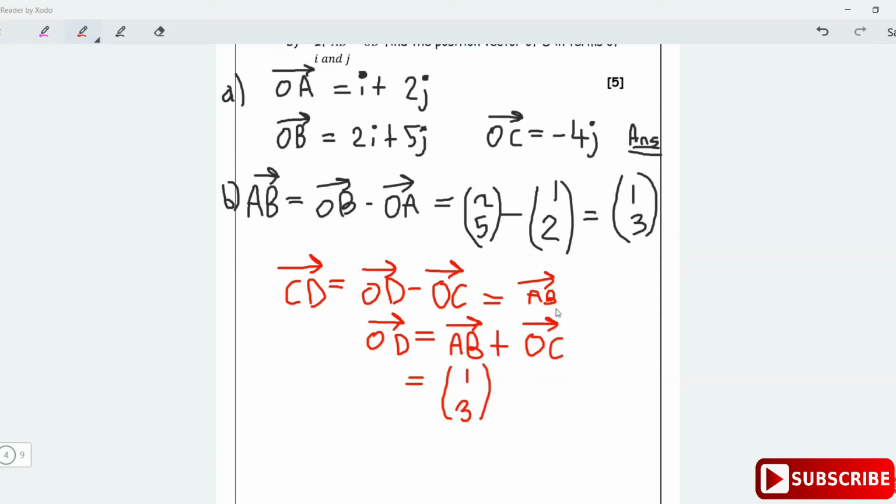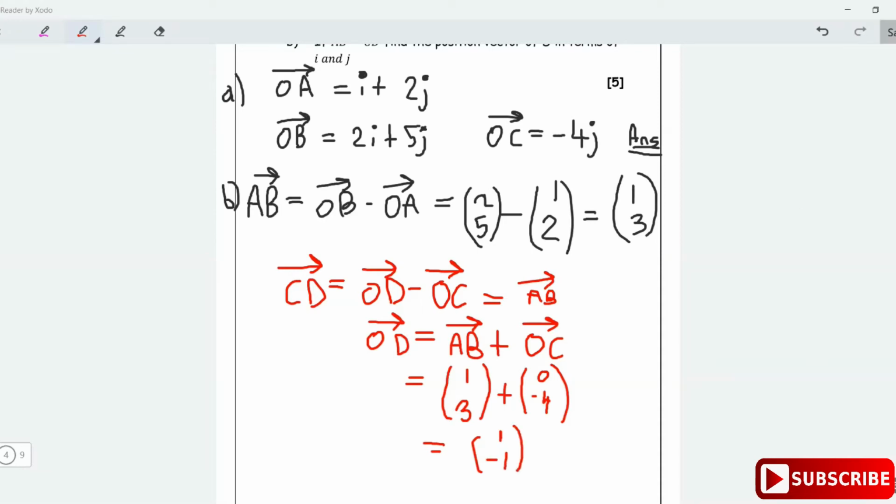What was OC again? It was 0, negative 4. And so all you have to do is add them together. 1 and 3 plus minus 4 is minus 1. So OD is 1, minus 1.